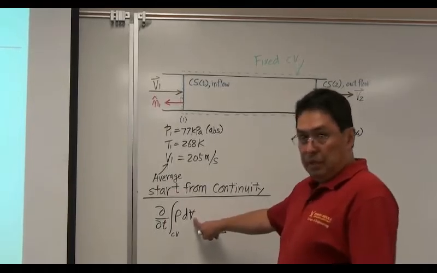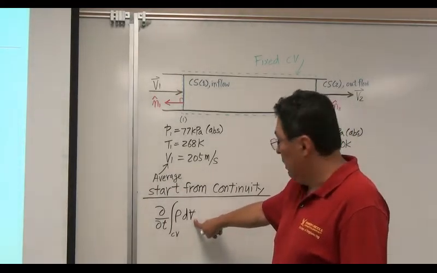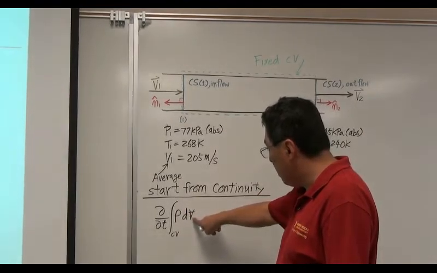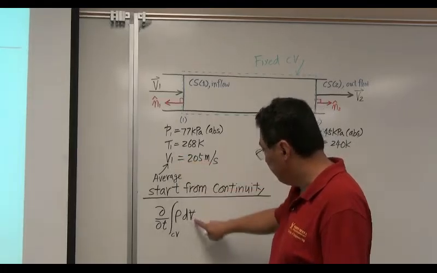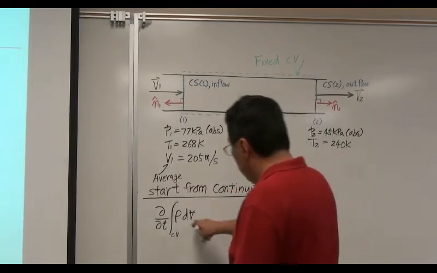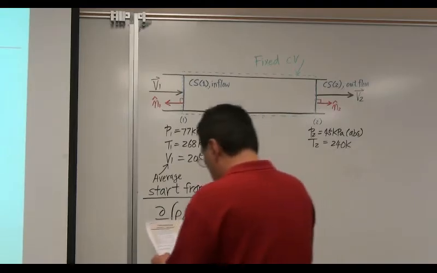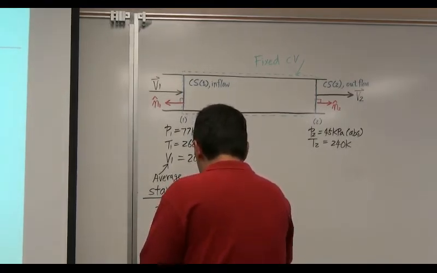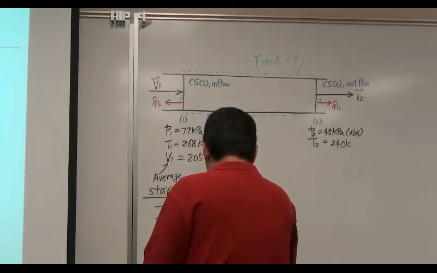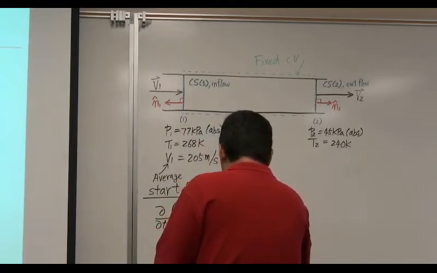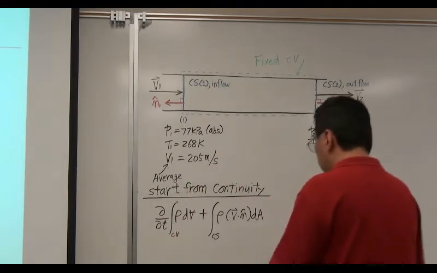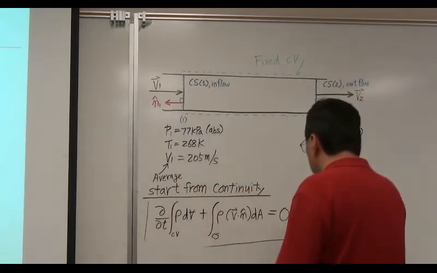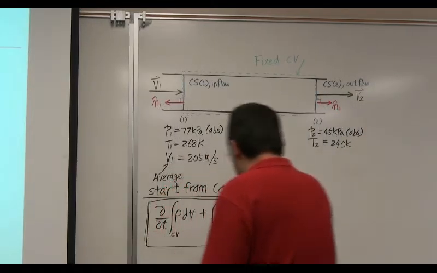Keep in mind this V is a volume V. I'm going to use the horizontal bar to differentiate. This is a volume, not the velocity. Okay? So this is volume V. Plus integral over the control surface rho times V dot N dA must be equal to 0. So this is the governing equation called continuity.